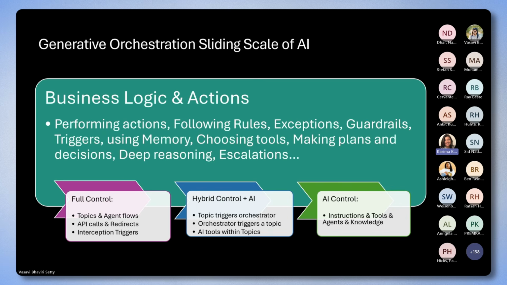All right, so business logic is super, super important, and we've gone through everything. You can guess where the full control is: topics and interception. You can guess where the AI control is: in instructions. And you can guess where the hybrid control is. We talked about topic triggers and interception.